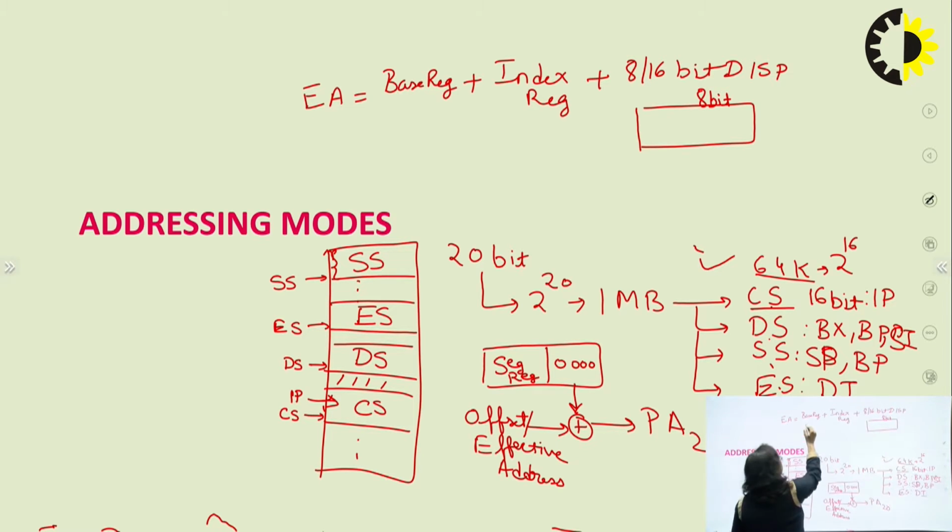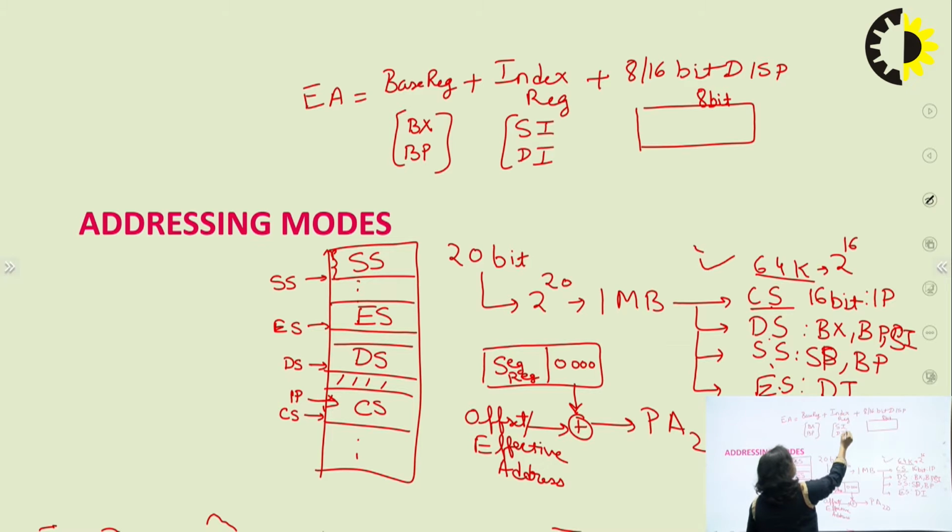Base registers can be BX or BP. Index registers are SI and DI, that is, source index and destination index. And there can be an 8 or 16-bit displacement. So this is the overall calculation, and based on this calculation, various memory addressing modes are specified.